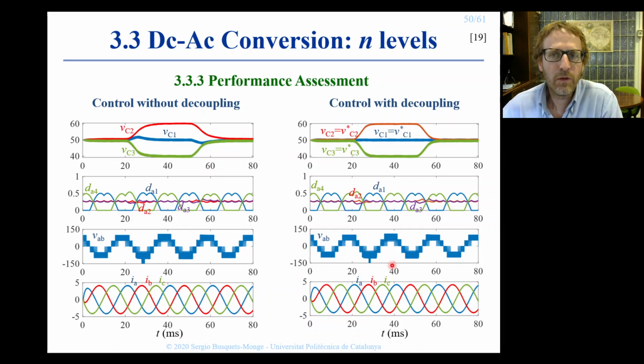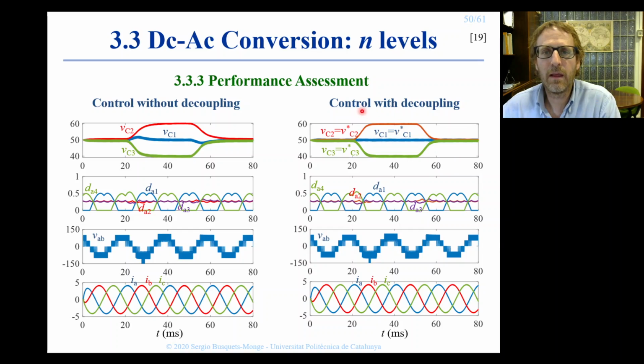In this simulation, we compare the performance of the control with decoupling and without decoupling. The reference value of all three capacitor voltages start being the same, and at some point in time, we change the reference value for C2 voltage and for C3 voltage, while keeping the reference value for capacitor C1 voltage the same.